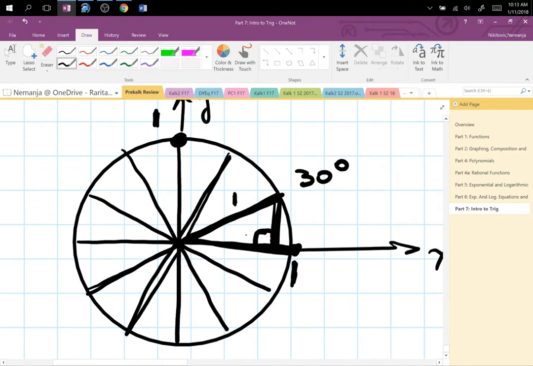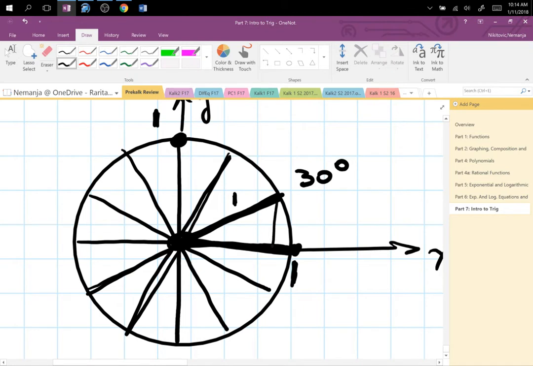So the little triangle over here, I'm going to drop the vertical from scratch. This is just a standard unit circle, 30 degrees, we're all happy. It's a unit circle, which means from the center to any point on the circumference the length is 1. So the hypotenuse of our triangle is 1, and the bottom side of our triangle is 1.